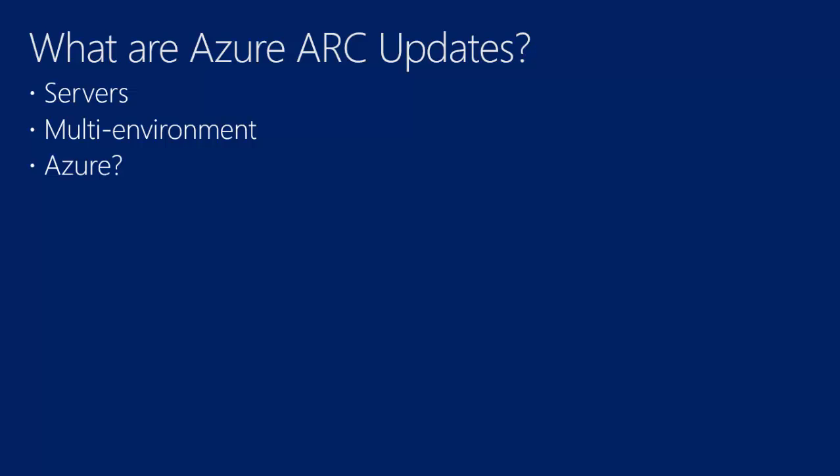I put Azure here as a question mark because one of the things you will read in our documentation, which could lead you to a conclusion that I initially thought was the conclusion, but it's not, is that you cannot Azure Arc enable a server that's running in an Azure virtual machine already. Which seems a little bit weird.